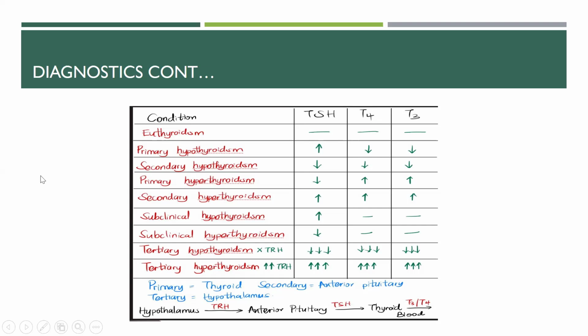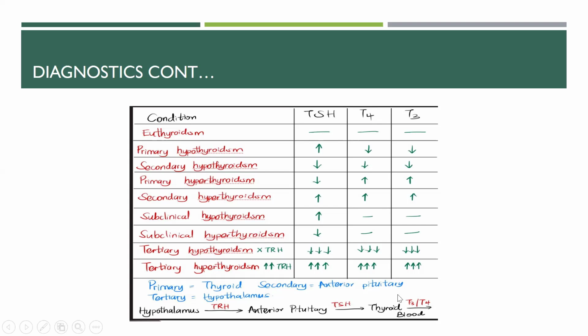Now our main focus will be hypothyroidism. So in primary hypothyroidism, the issue is with the thyroid, not with the others. So in this case, TSH will be elevated, as opposed to T4 and T3, which will be low.